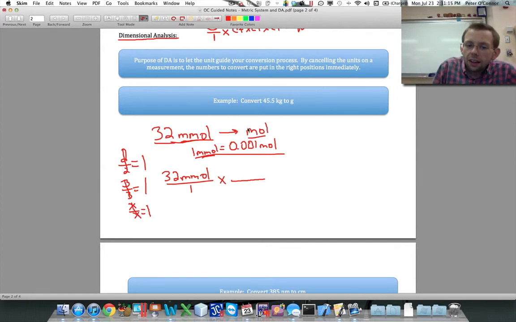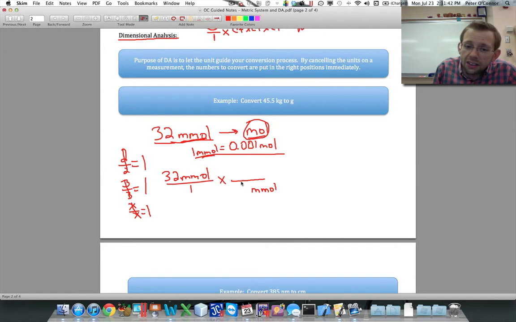Well, you want the unit of a mole. We do not want the millimole anymore. We don't want you, millimole. So we want the millimole to cancel out. Well, how do we get it to cancel out? If there's 1 on top, there's got to be 1 on bottom. Conversely, if there's already one on the bottom, you want one on top. So on this conversion factor, I want millimole down here.